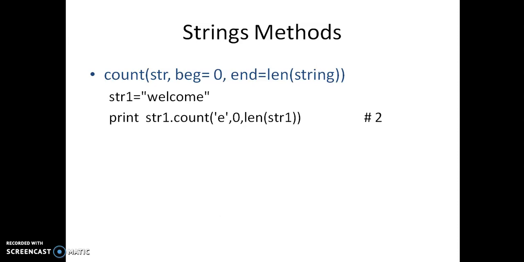The str is the letter or a word to be counted in the string. Beg is the beginning index from where you want to count the character. End is the ending index up to which you want to count your required character.